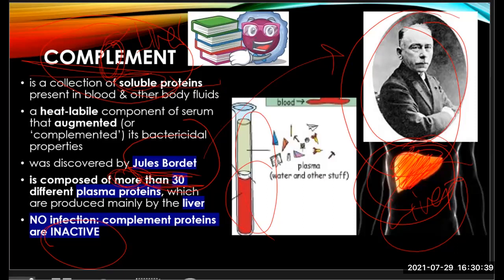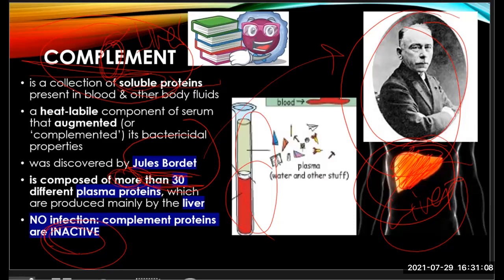You might think, is the complement cascade or system always turned on? Is it turned on constitutively? No. In the absence of infection, these proteins circulate in an inactive form. So, no infection, complement proteins are inactive.